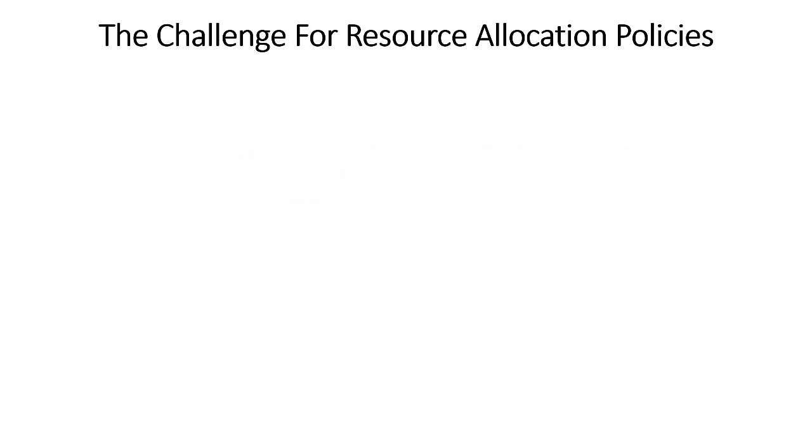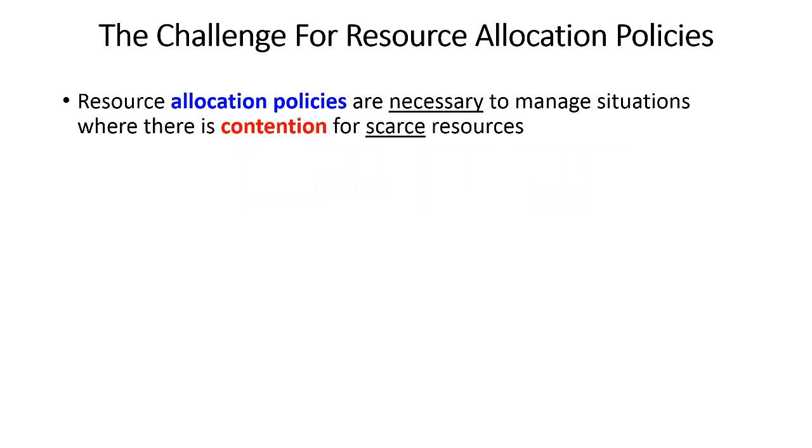So what's the challenge for resource allocation policies that businesses will design for themselves? Resource allocation policies are absolutely necessary to manage situations where there is contention for scarce resources.